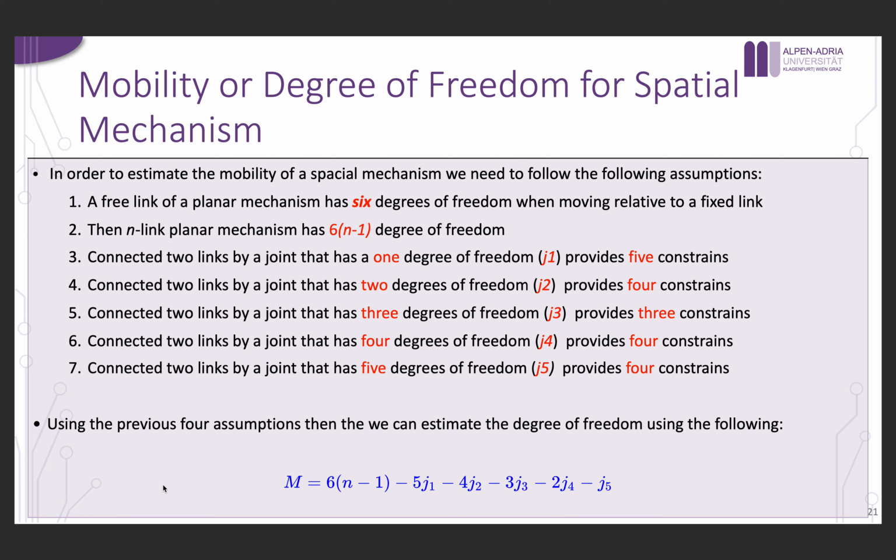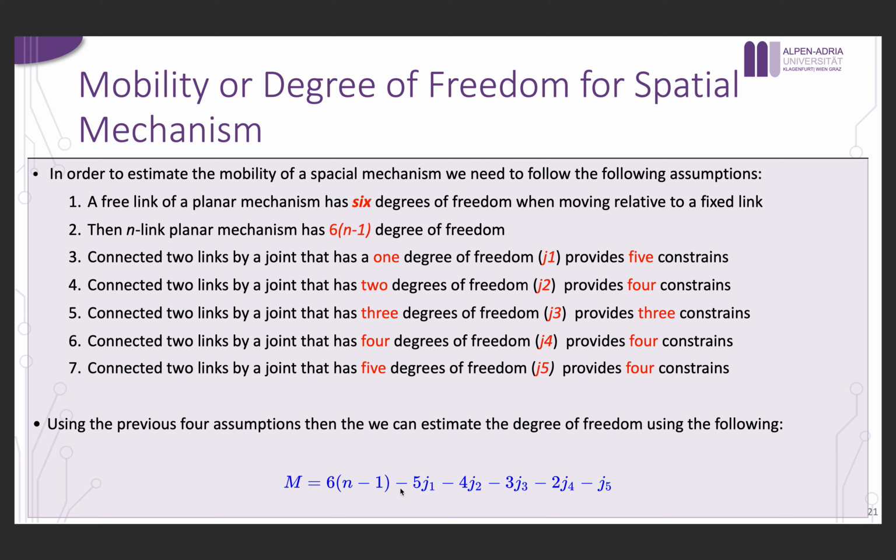So like in the formula for the 2D degrees of freedom, we start here with the total degrees of freedom of a free link multiplied by the total number of links, of course, minus 1, which is always our frame, which is the base.